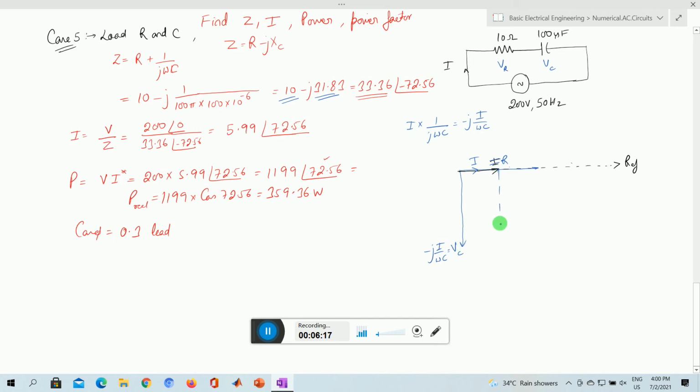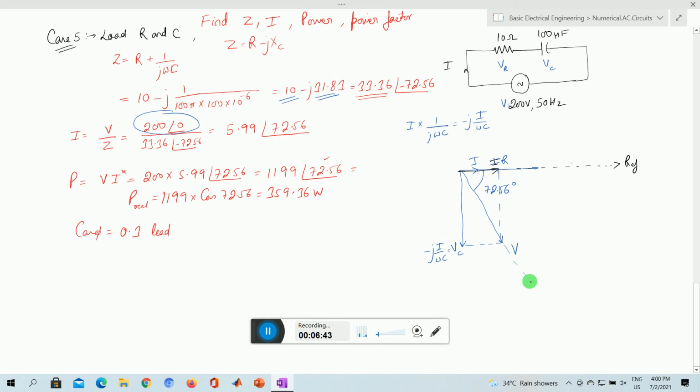Now if we do the phasor addition, we get the resultant voltage V, that is 200. The angle between V and I is 72.56 degree.